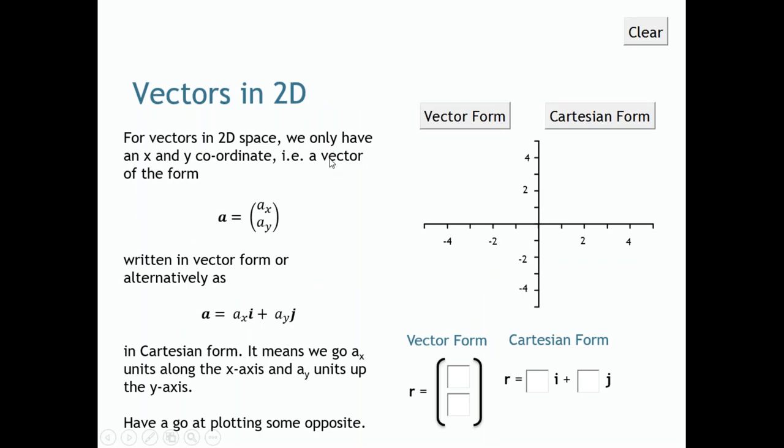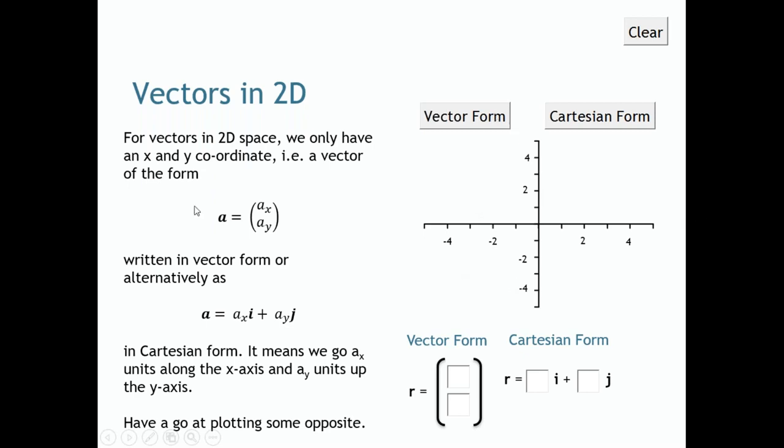For vectors in two dimensions, or two directions, we only have the x and y coordinates.